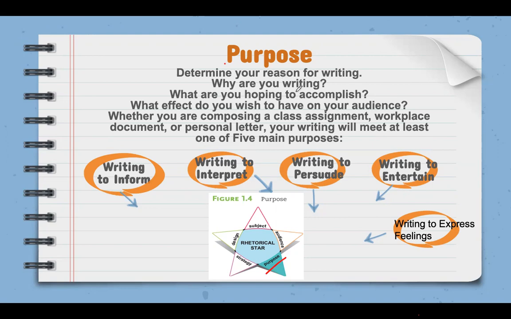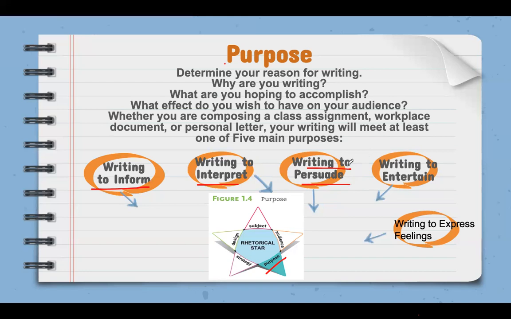Whether you're writing to inform people, informing them of anything, whether you're writing to interpret anything, any text, any movie, or whether you're writing to persuade anyone, you want to make them understand, you want to make them agree about your ideas, about your opinions, about your views.